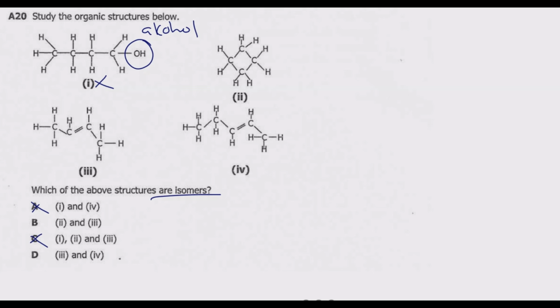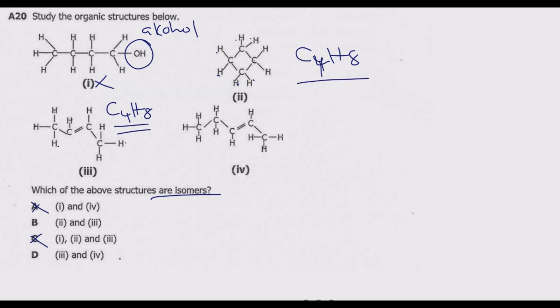So number 2, we know that these are 4 carbons. Then we have 1, 2, 3, 4, 5, 6, 7, 8 hydrogens. Then I will come to number 3. So we have also 4 carbons. We have 1, 2, 3, 4, 5, 6, 7, 8 hydrogens. So we notice that this one and this one, they are the same.